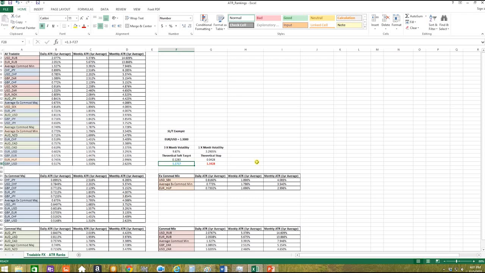So we have our soft target at either 3 times 3, 9 points, or 4 times 3, 12 points, and take this away from 130. So we're either going to have a soft target of 121 or a soft target of 118. And both of those soft targets are within the realms of possibility based on our volatility analysis.